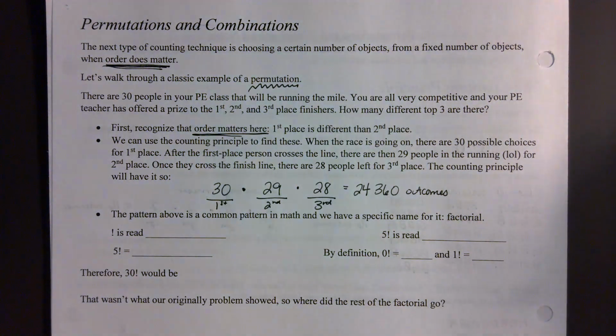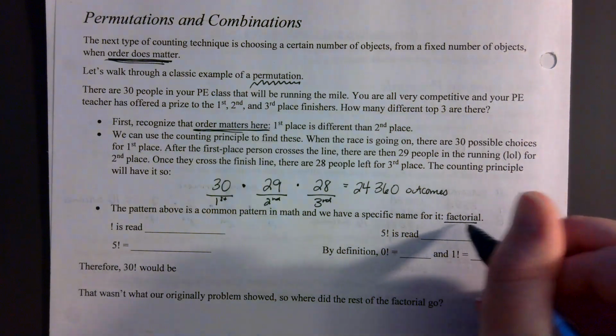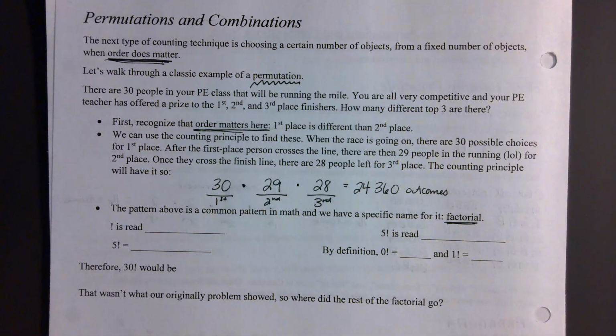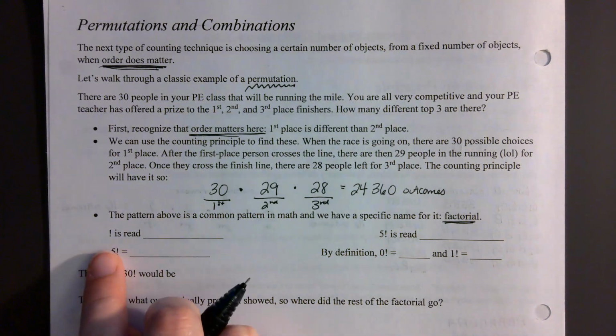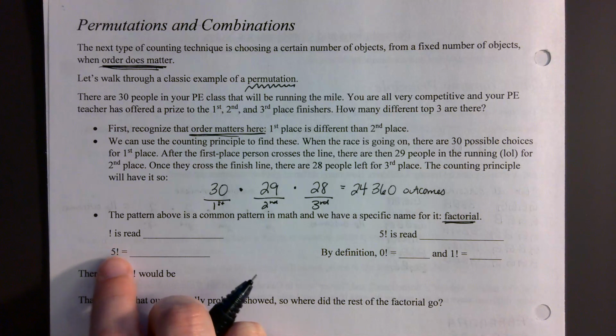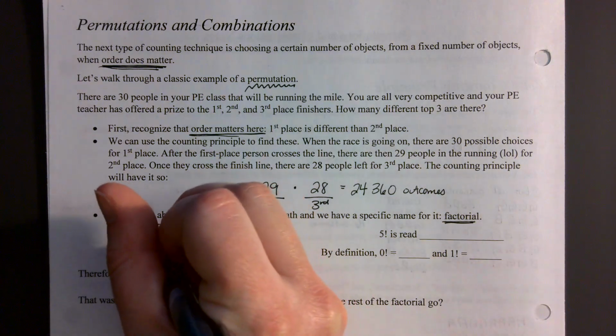A lot of outcomes. Now, this pattern where we have 30 times 29 times 28, we take each number and we multiply it by the number that was before it. Does that make sense? So we call this a factorial. Factorial is written with a little exclamation point, and it's just read as factorial.